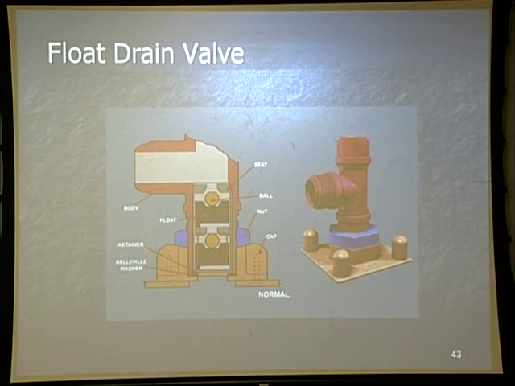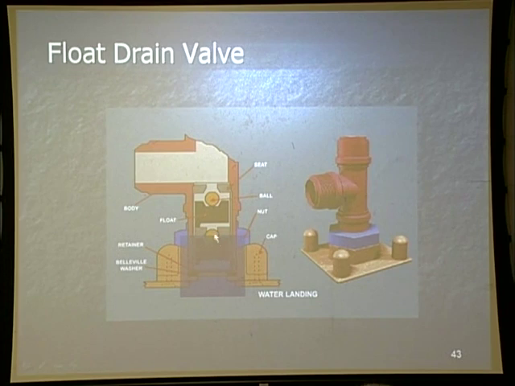As water comes in through the vent, it's going to float this ball up, which pushes up on this mechanism that's going to block it. Should this one fail, there's another one that will act as a backup to prevent water from getting in.